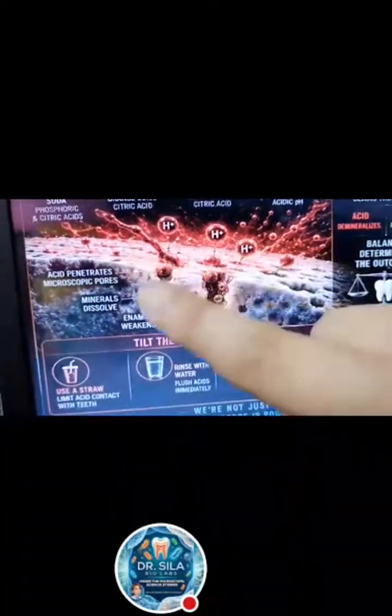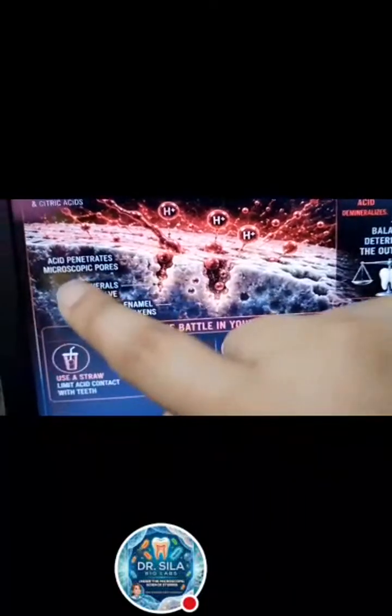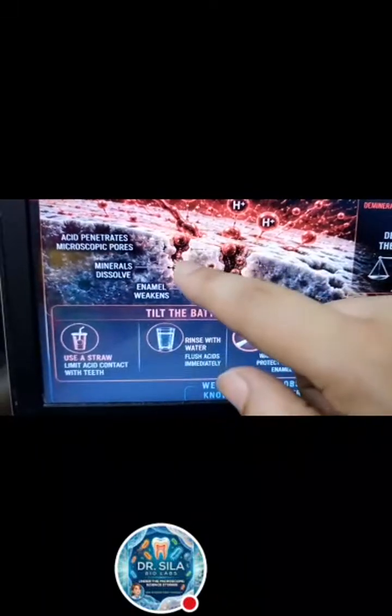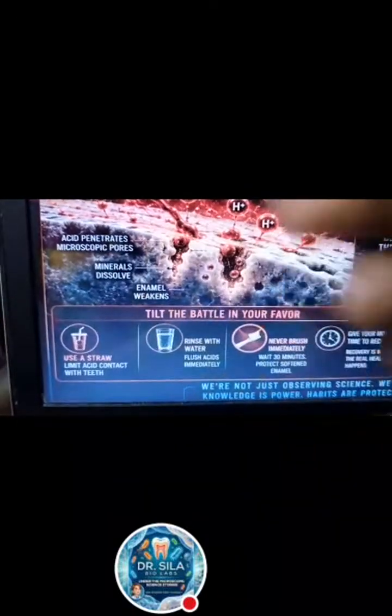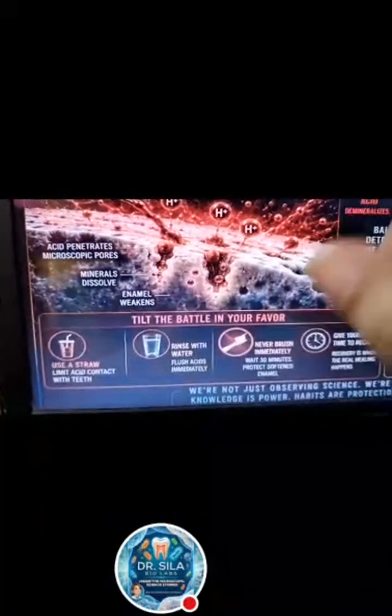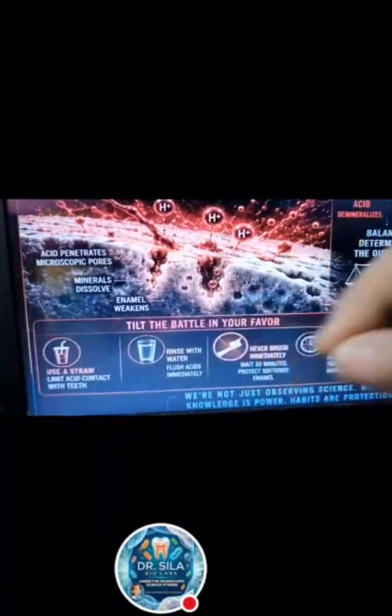We will be discussing this in our video. The acid penetrates into the microscopic pores, here you can see. The minerals start dissolving away. The enamel, the outer portion of our tooth, starts weakening.